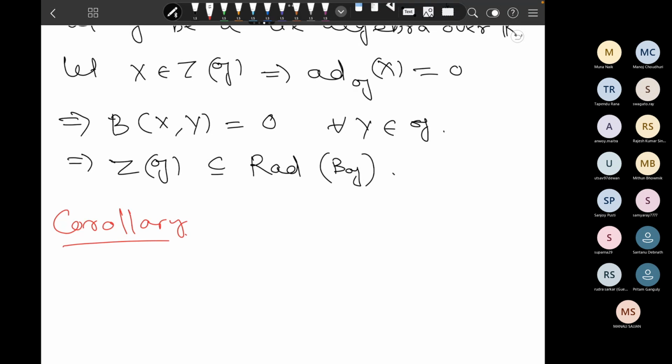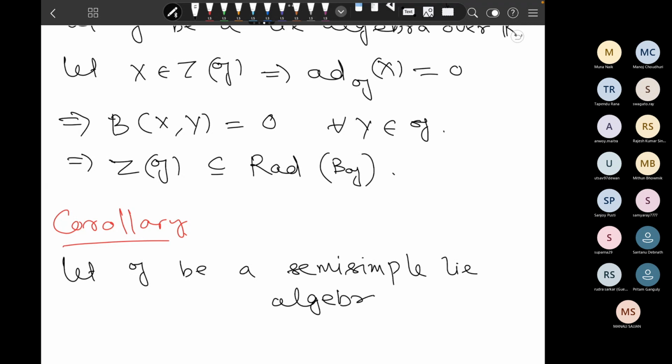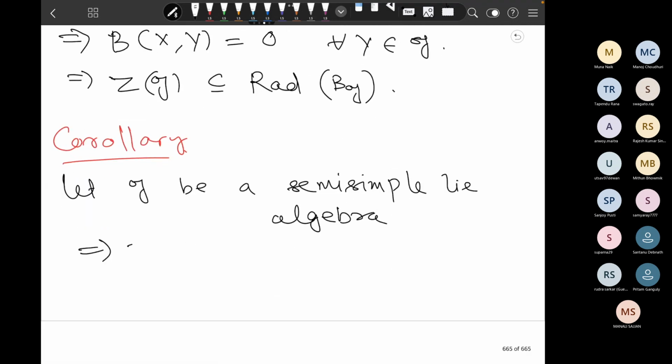The first corollary: let G be a semi-simple Lie algebra. Then this implies Z(G) is equal to 0.